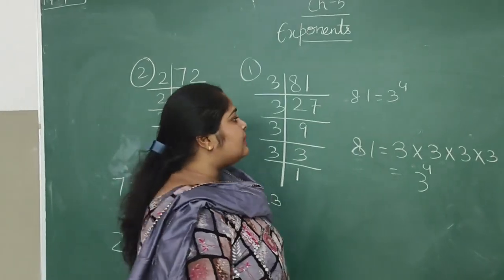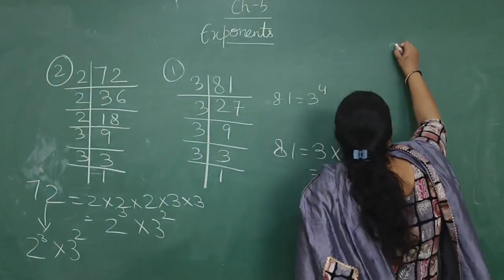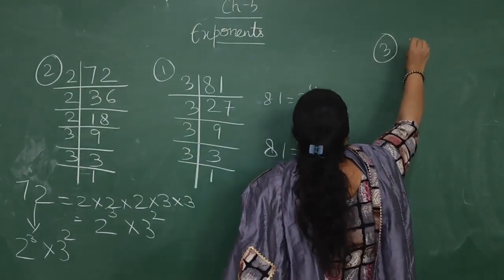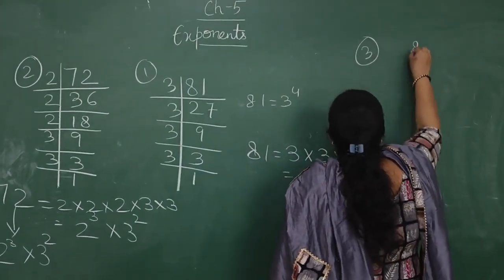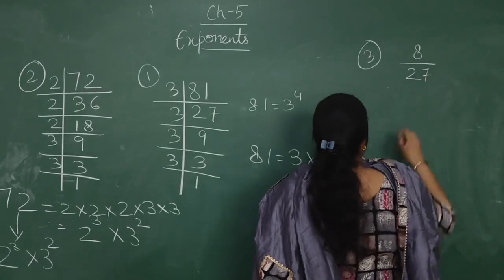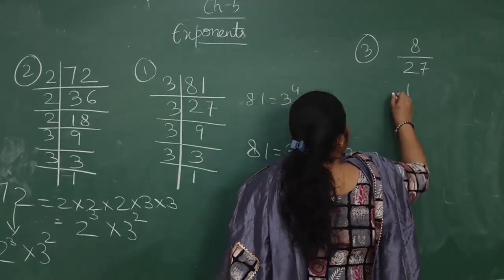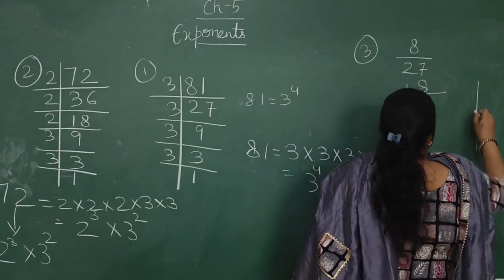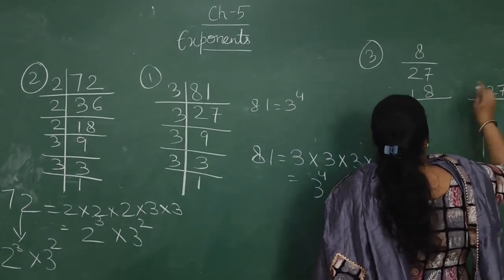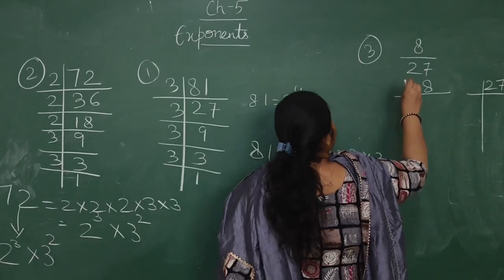Now let's take another example where you need to write a fraction in exponential notation. So let's take 8 upon 27. Okay, so start taking the LCM of both the numbers separately. Do not take LCM together. Take the LCM separately.